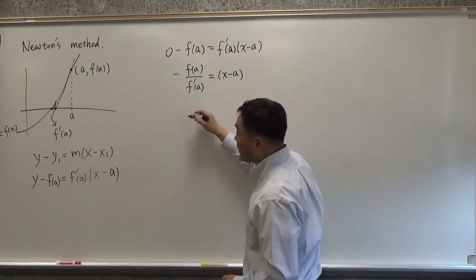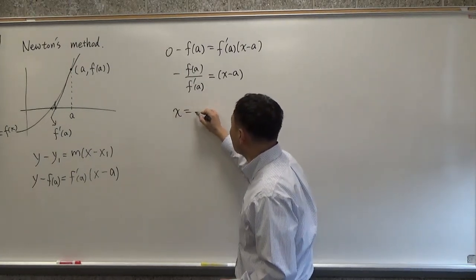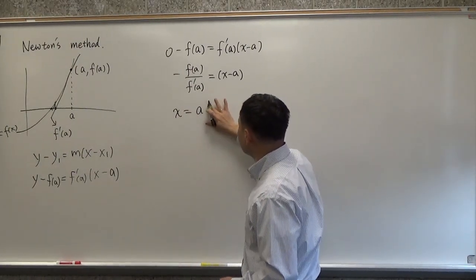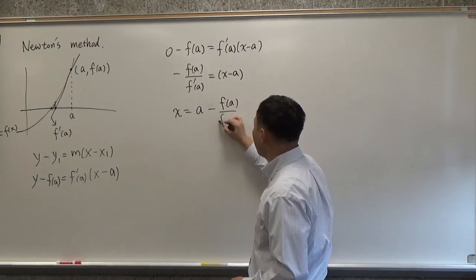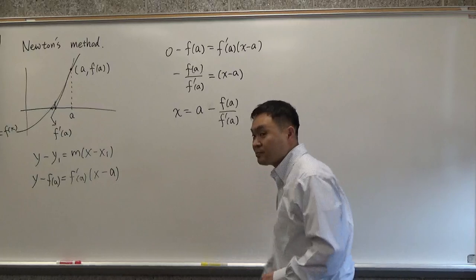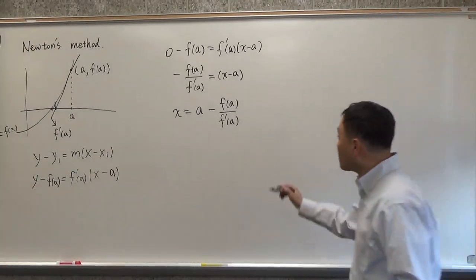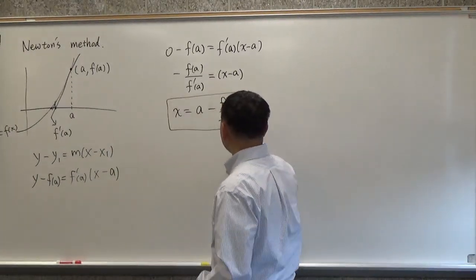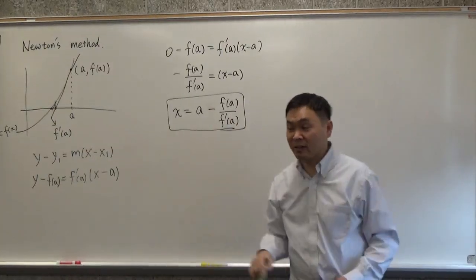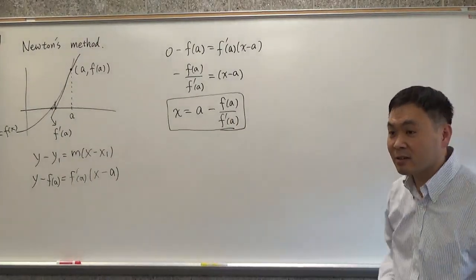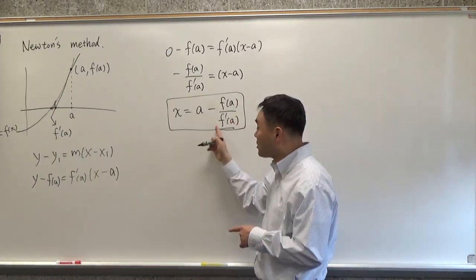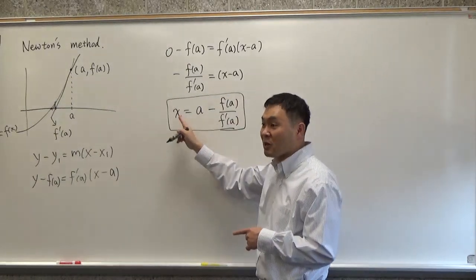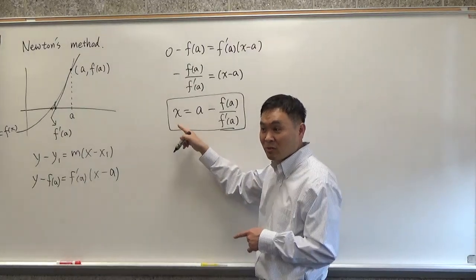And now you add a to both sides, and you get x equals a minus f of a divided by f prime of a. And this formula here is the way you improve your guess. If you had an initial guess, then applying this formula will give you another number, which is a better approximation to what you want.